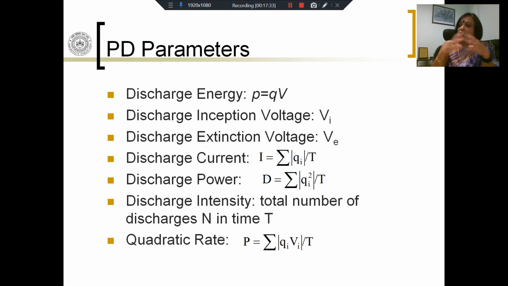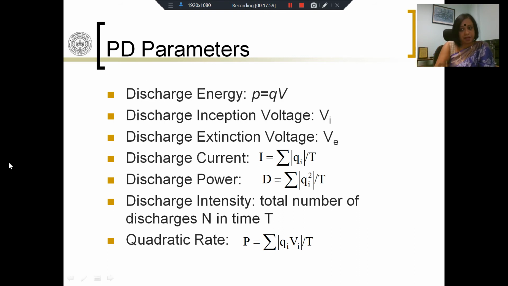But once the discharge is happening, it can be sustained at lower voltages than the PD inception voltage. There is a lot of space charge, and even at voltages less than the discharge inception voltage, PDs can be sustained. So generally, the PD extinction voltage is less than the PD inception voltage, and therefore we need to measure both these quantities.